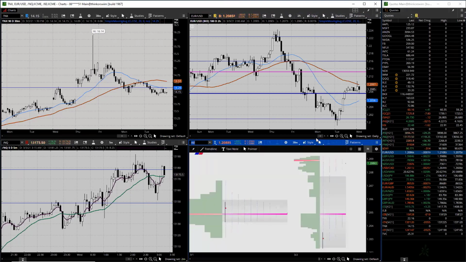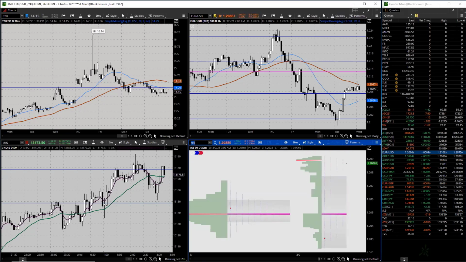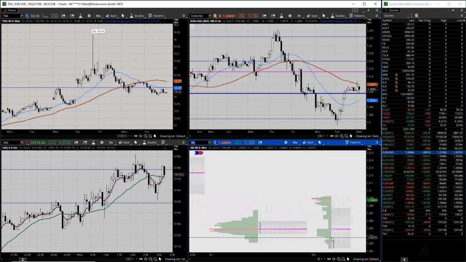Take a look at this yesterday, because someone had actually said that they got short around this area here. I was saying that didn't make a whole lot of sense if you look at the profile, because this was the profile from the day before yesterday, I guess would have been Monday.